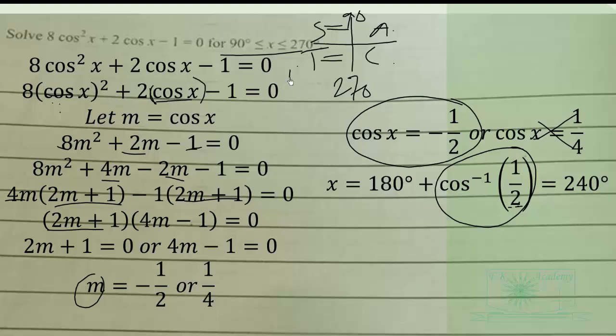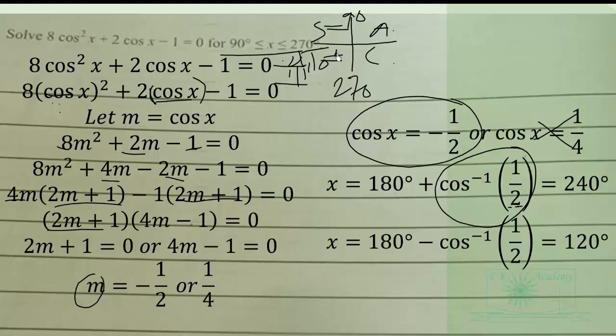So that is the third quadrant here. So that will be 240 degrees. So 240 degrees will be here. Then the second quadrant will be 180 minus that angle, which is 120 degrees to be here. So hence the values of x are 120 degrees and 240 degrees.